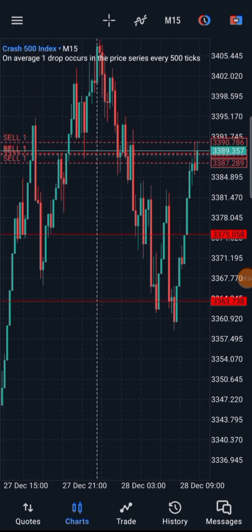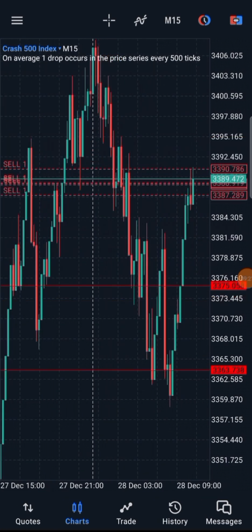So after mapping out your zones, you then look for entry points. Your entry points will also be determined by the chart patterns, like for this instance, the QML, where you see the higher low, the higher high, and the higher low, and then you place your trade in line with the previous higher low, the one that's nearer the head.